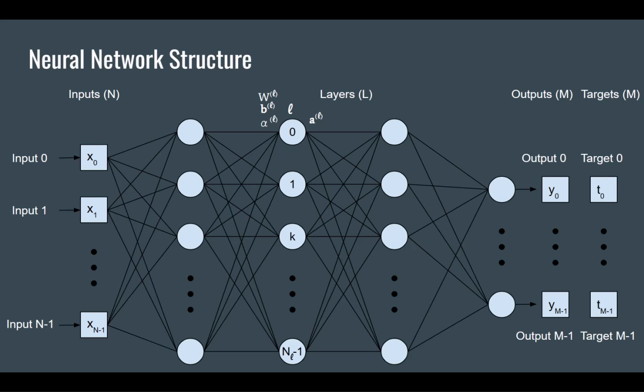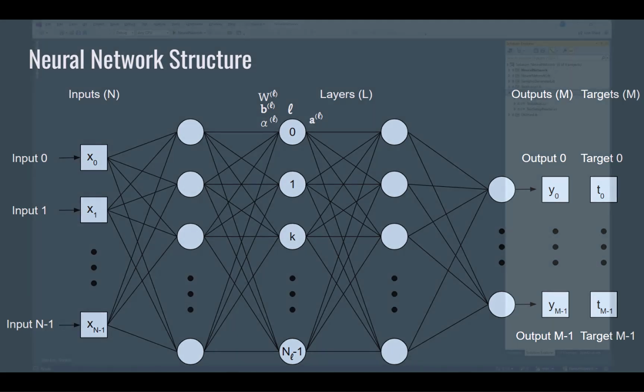Each layer L has a matrix of connection weights labeled W superscript L, a neuron bias array labeled B superscript L, an activation function labeled alpha superscript L, and an output array labeled A superscript L. The first layer, layer 0, is connected to the N inputs, and the last layer produces the M outputs of the neural network that can be compared to the M targets for a given input array.